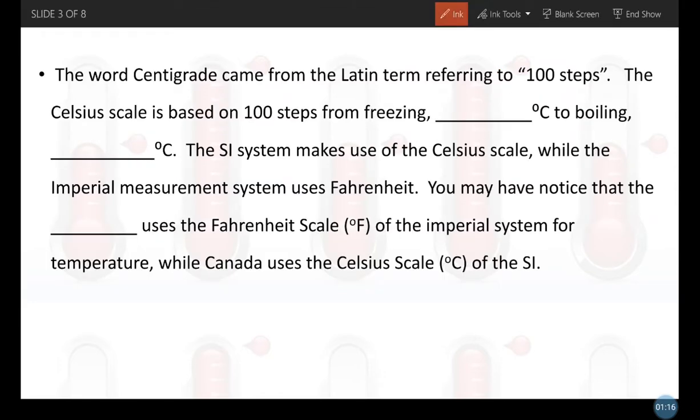So just a little background for us, because we use the Celsius system. The word centigrade came from the Latin term referring to 100 steps, which means the Celsius scale is based on 100 steps. And how they figured that out is, well, water freezes at 0 degrees Celsius, and 100 steps from that is where water boils.